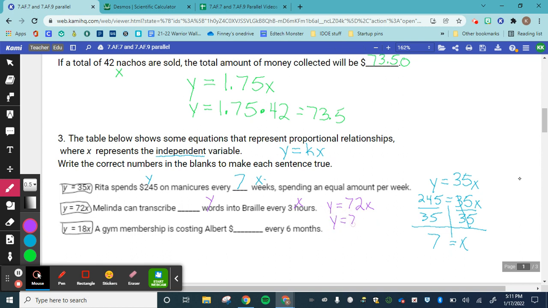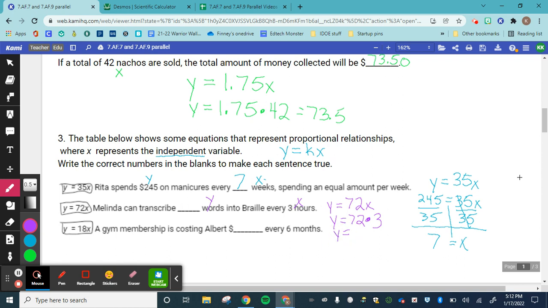So y equals 72. Remember that there's multiplication in between the 72 and the x. So that does not mean 723. That means y equals 72 times 3. And now I'm not canceling anything out. Like on the previous question, we had a coefficient. We were canceling out the 35 by dividing by 35. But in this question, our y is already alone, and we just have to simplify this side, 72 times 3.